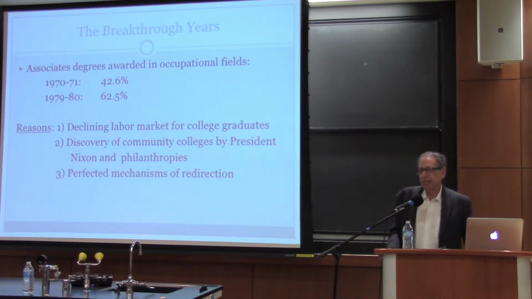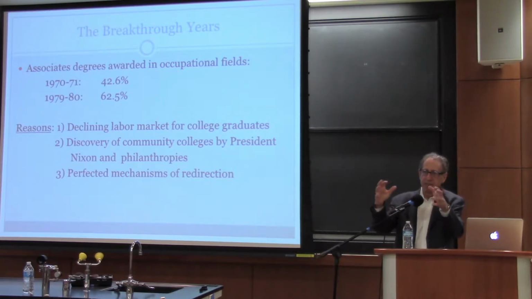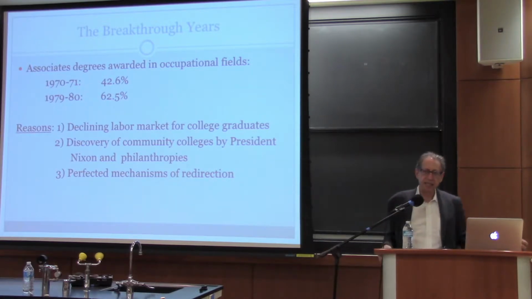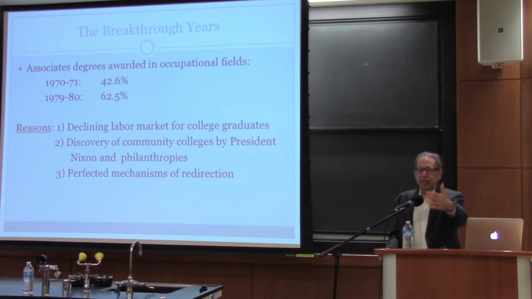The major philanthropies that supported community colleges, like the Kellogg Foundation, discovered them as mechanisms for organizing labor markets, and they jumped on board and helped out with what at that time became the AACJC, the American Association of Community and Junior Colleges.